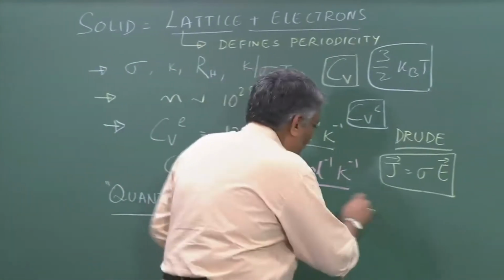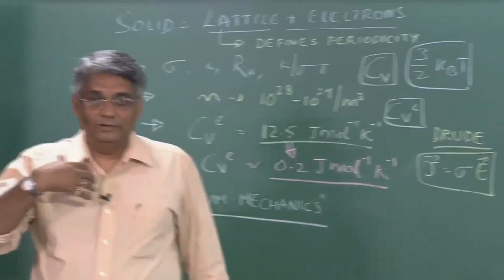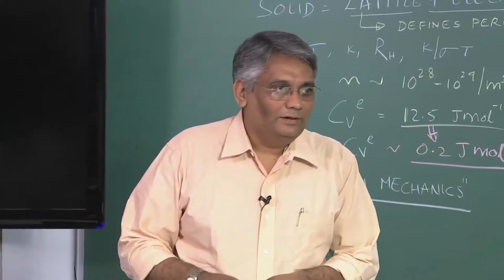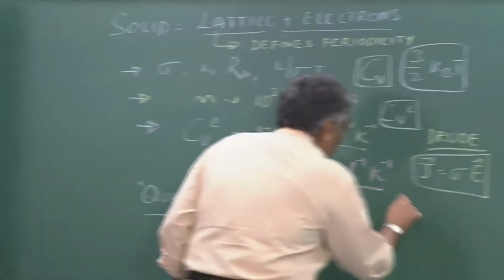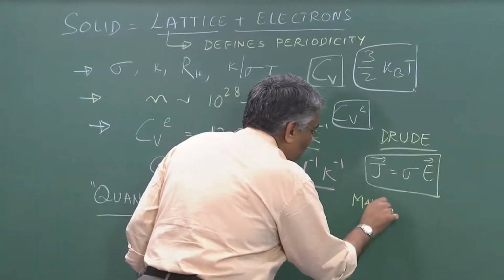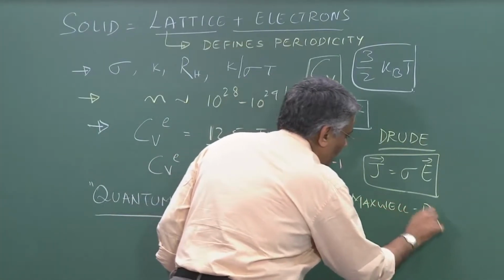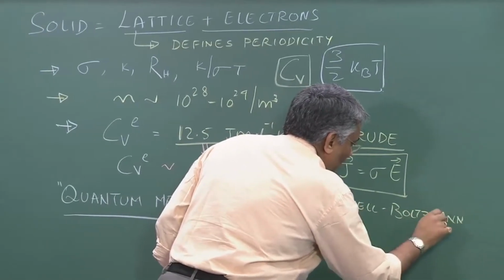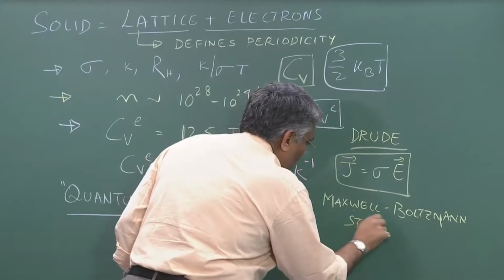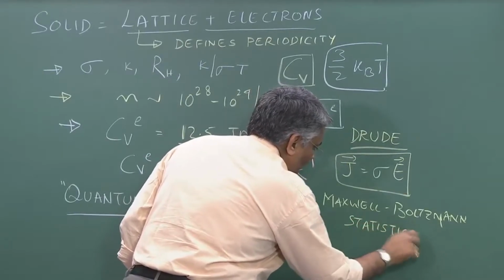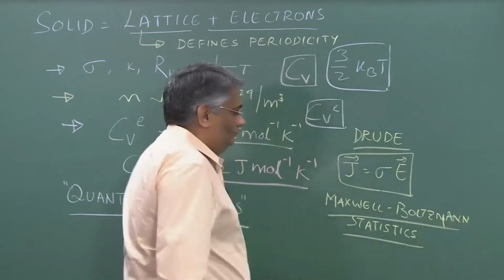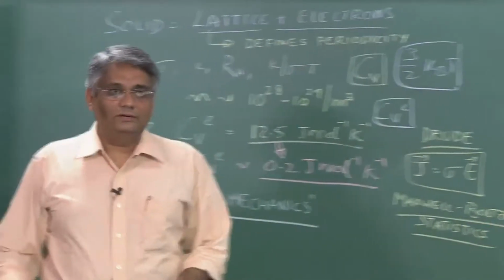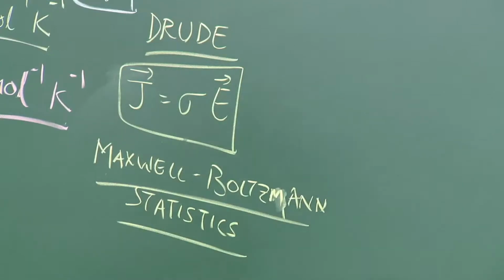So in this particular case, when you are considering electrons as free particles, obviously the Maxwell-Boltzmann statistics are used, because we are considering electrons as free particles, right?